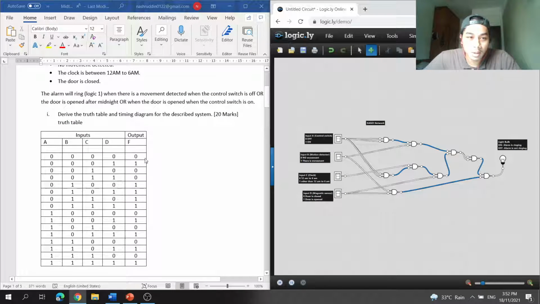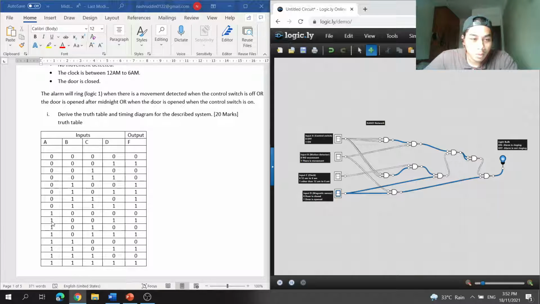From the truth table, if the input is 0 0 0 0, the output is 0. If the input is 0 0 0 1, the output should be 1. I turn on this input, so the light bulb is on. That means the alarm is ringing.